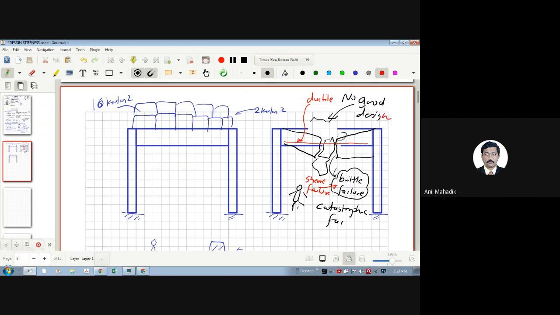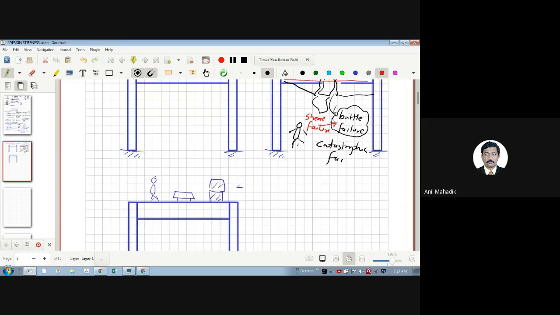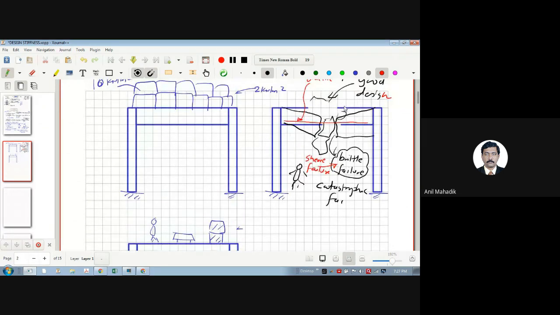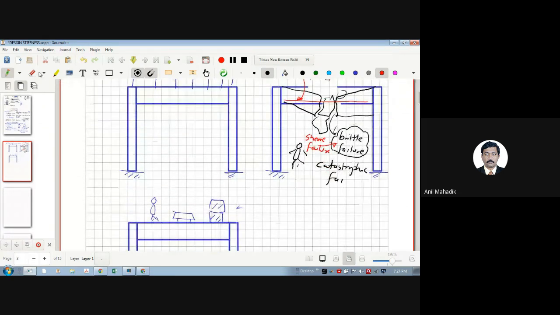That means there has to be some criteria which will take care of this part and give us enough warning. Now let's say the same load is there.